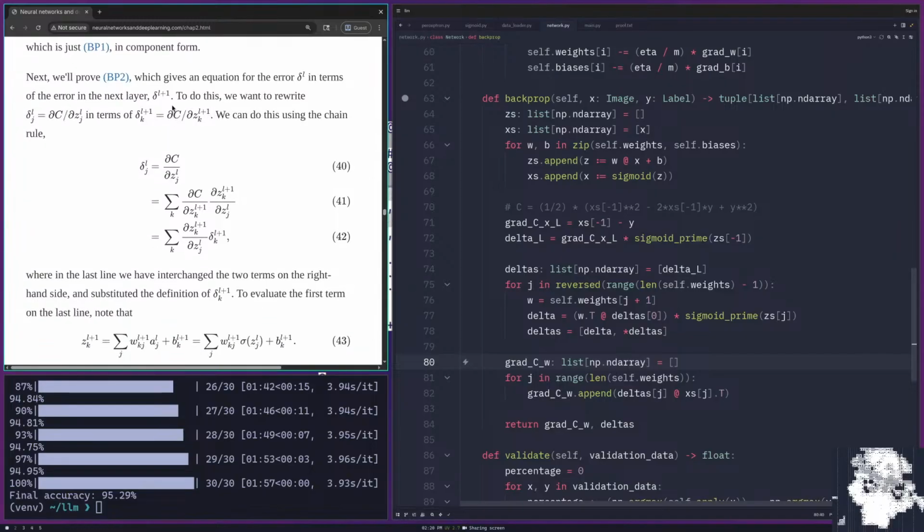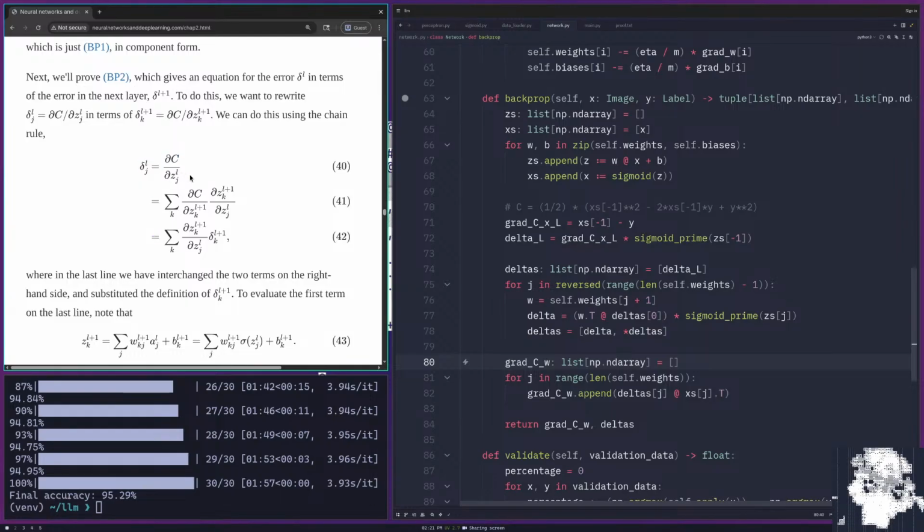Next we'll prove BP2, which gives an equation for the error delta in terms of the error in the next layer, delta L plus 1. To do this, we want to rewrite delta L equals derivative of C with respect to z in terms of delta L plus 1 of k equals derivative of C with respect to z of L plus 1 of k. We can do this using the chain rule.